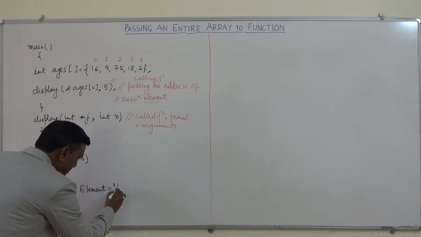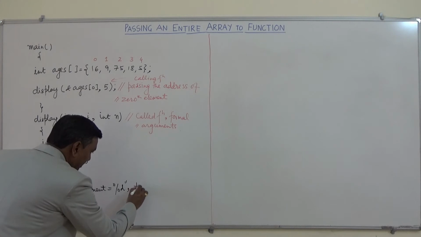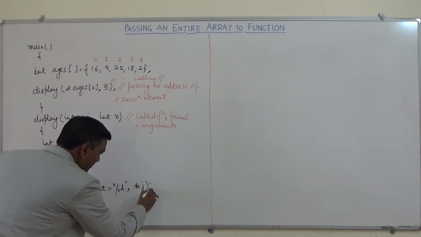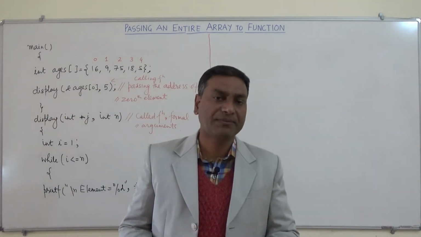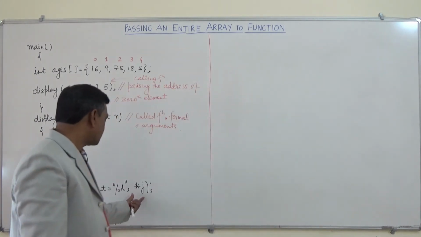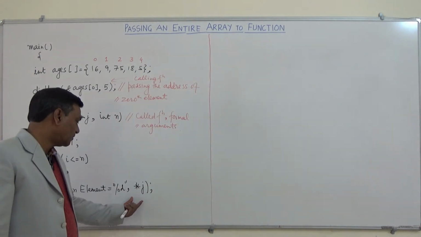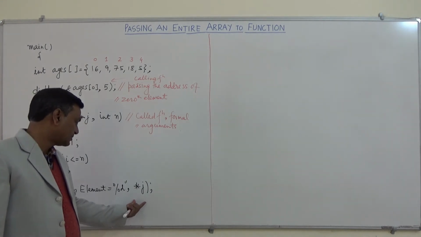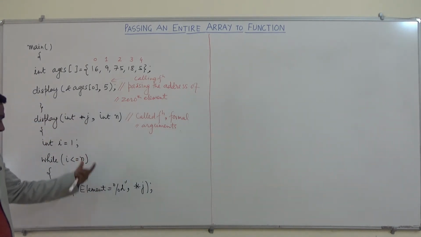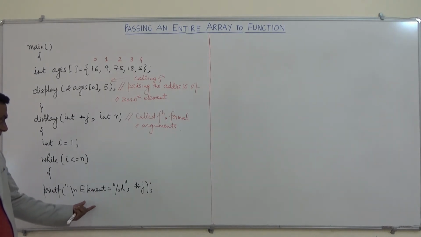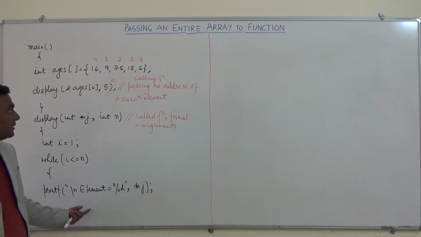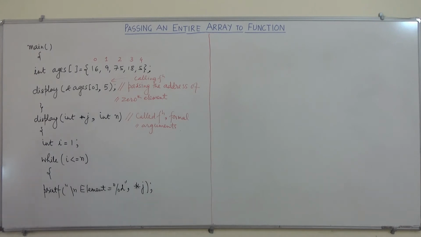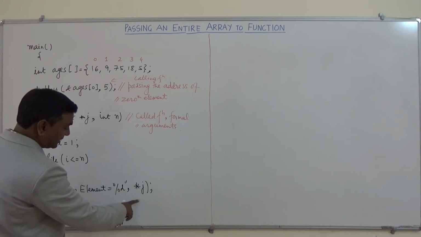So element is %d, and here we will use the pointer, asterisk j. Here we are using value at address, so this will give the value at the particular address. In this way we can print all the values one by one. So it will print element 16, then 9, then 75, then 18, 5. So we will write printf \n element equals to %d, then asterisk j.